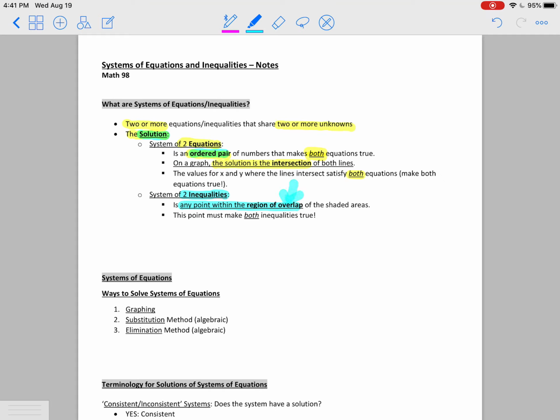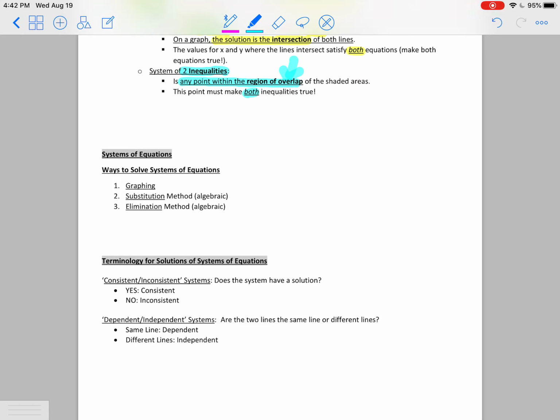We want to know where the overlap of those shaded regions is, and that is the solution. So you can see that it's not just one point. There are an infinite number of points in a shaded region. And of course, the point that we choose in that shaded region has to make both of those inequalities true, just like the system of equations.